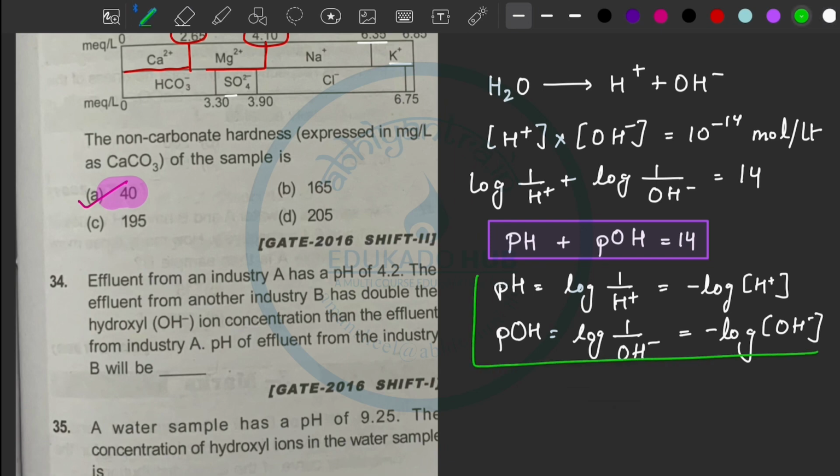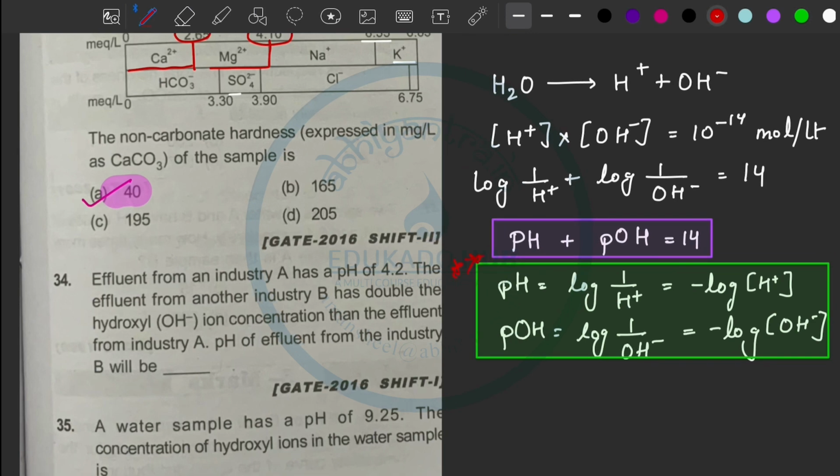These are the basic ideas, the concepts behind the question.